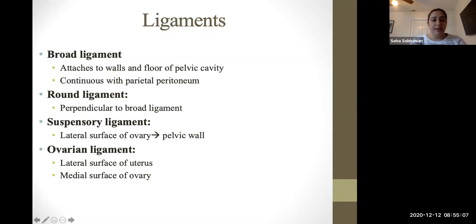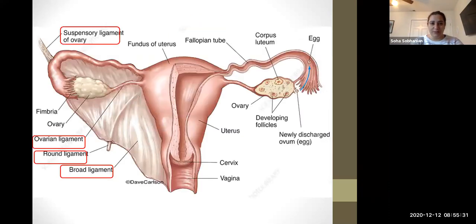These are called suspensory ligaments, which is self-explanatory, they suspend the ovaries. Then the ovarian ligament, which goes from the ovary to the uterus, the round ligament, which I'll show you in just a second, and the broad ligament, which is a sheath-like structure that extends through the female reproductive system.